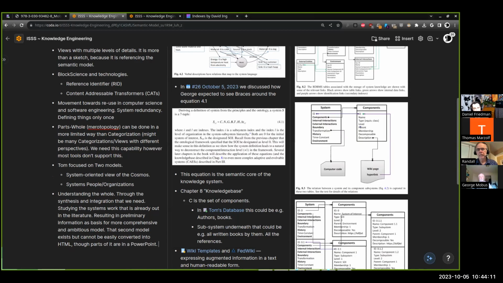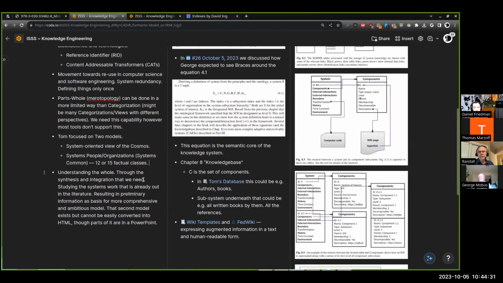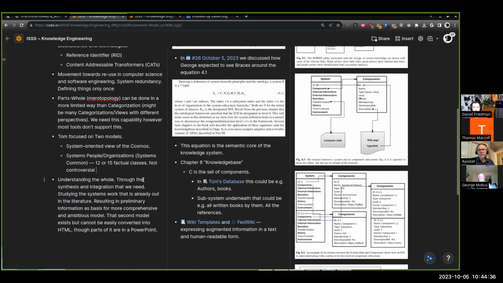The Systems Common is fairly basic. There are only maybe 12 or 15 classes, and they're all factual, non-controversial. One of the things I was trying to do was avoid the controversial things, which form rabbit holes that I would get stuck in, and prove out that I can do a model without getting hung up in big issues about what a system actually is.